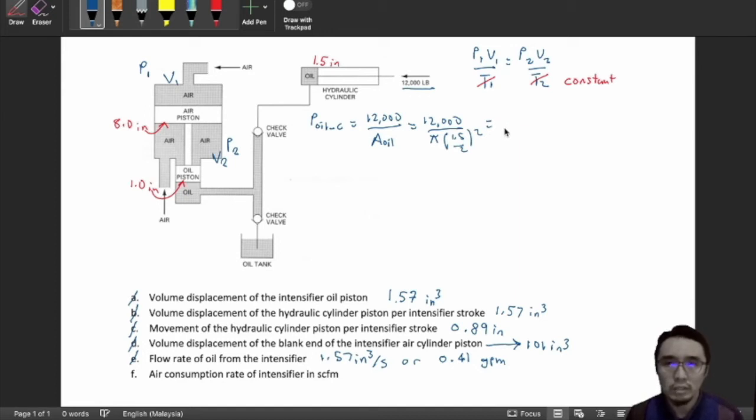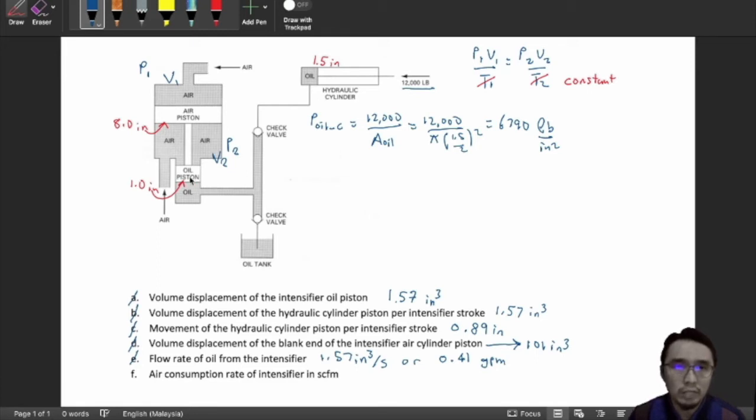If we compute this, we will get 6790 pounds per square inch. So this P oil, this pressure will be the same here. By Pascal's law it should be the same, but here we have a different diameter, so the pressure will be the same, but the force here will not be the same.